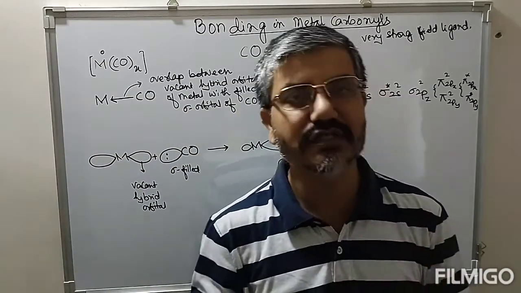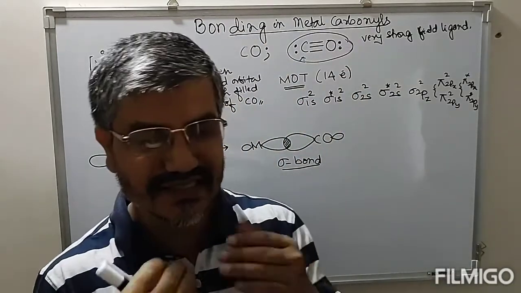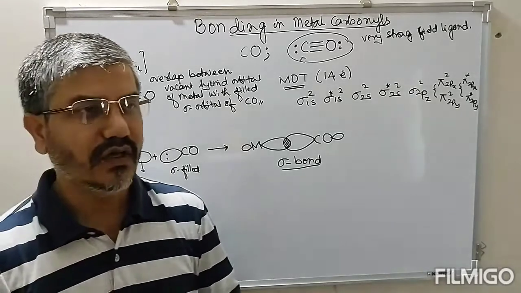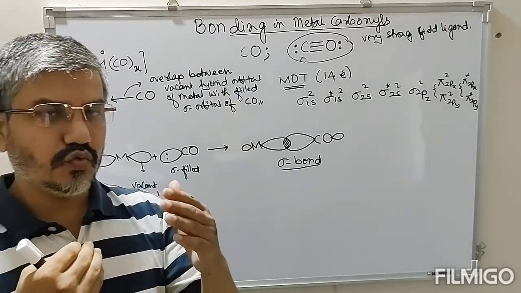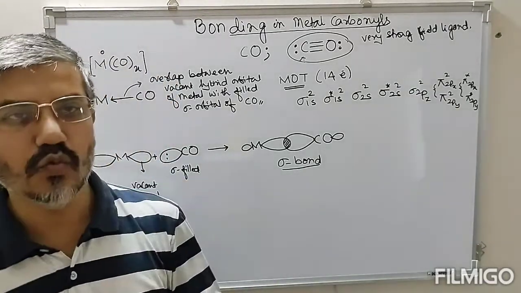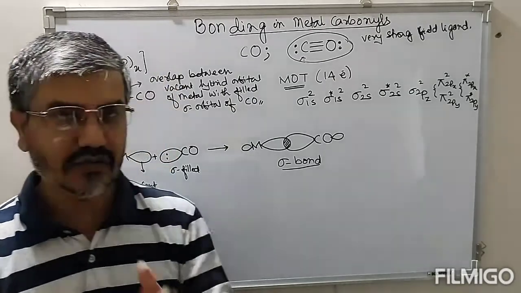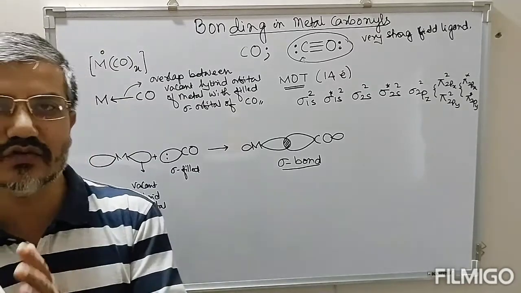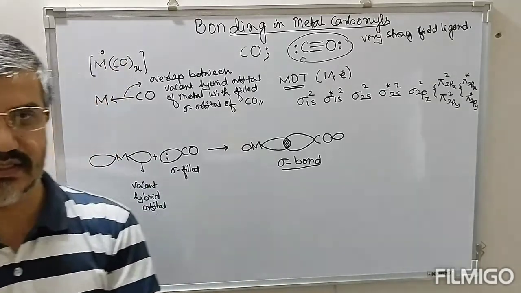As the potential energy increases, the stability of the complex decreases. To overcome this, the metal having high electron density will try to reduce its electron density.